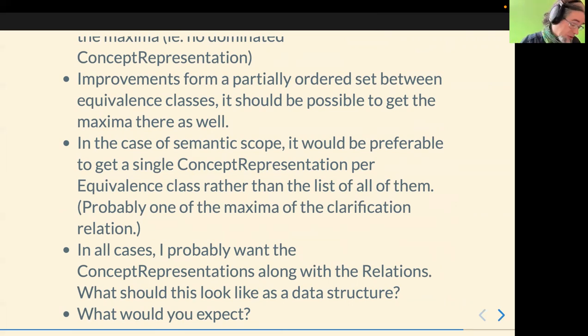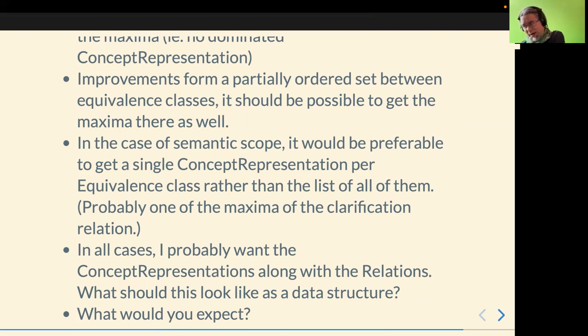And the result set should also come as, here are the concept representations, but here are also the relations between them that justify why we gave you that structure. So here I'm a bit unsure about how to represent that on the wire. I could just dump everything, and it's well defined enough that I can just dump everything and let the client sort it out. But I don't think that's useful to the client.